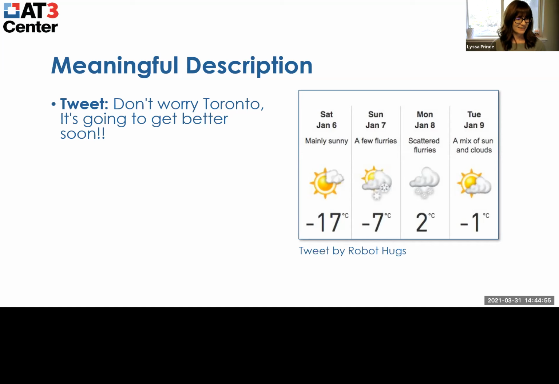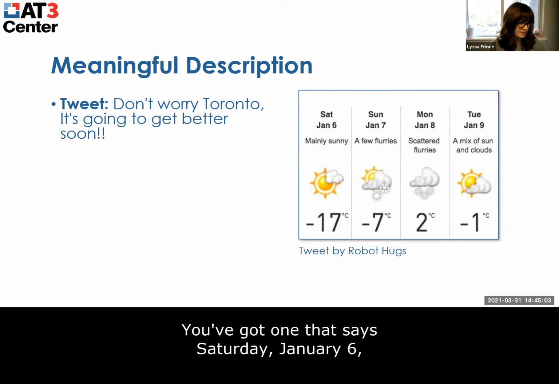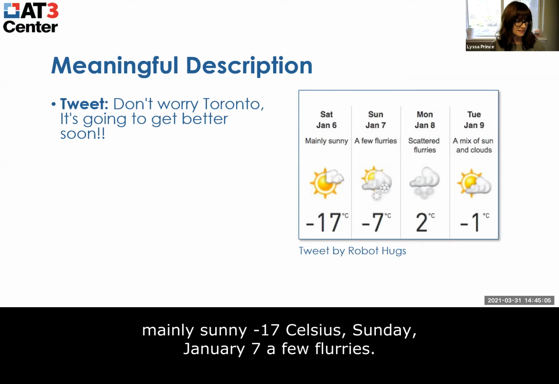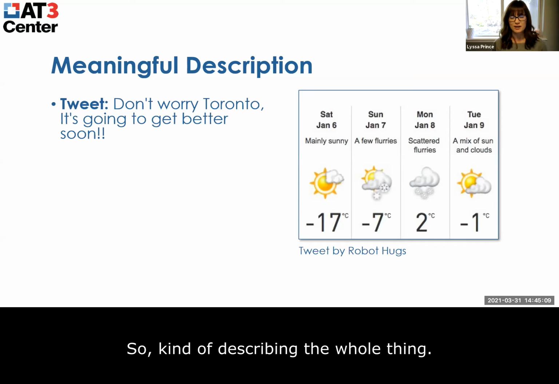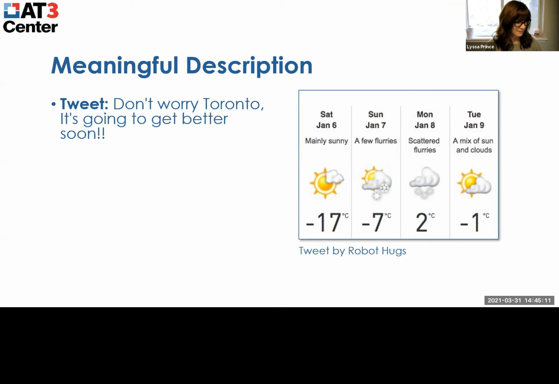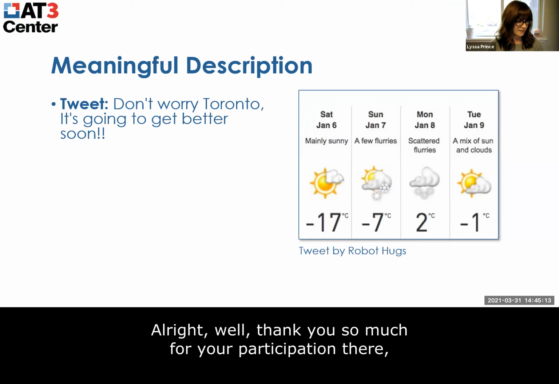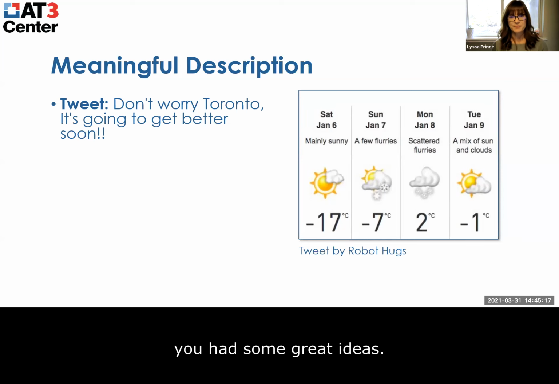All right. Okay, I've got one that says Saturday, January 6th, mainly sunny, -17 Celsius. Sunday, January 7th, a few flurries, negative. So kind of describing the whole thing. That's good. Okay. All right. Well, thank you so much for your participation there. Y'all had some great ideas.